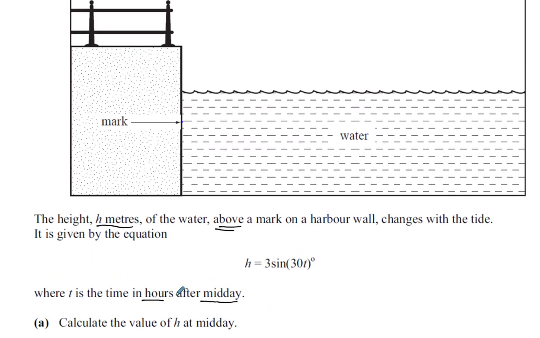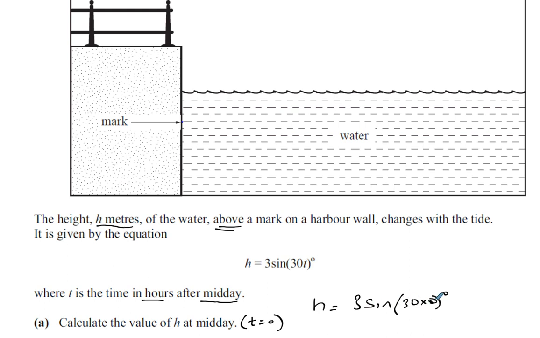If t is the time in hours after midday, then at midday, t is going to be 0. So in this equation, H equals 3 sine of 30 times 0 degrees. This is the sine of the angle 30 times t.